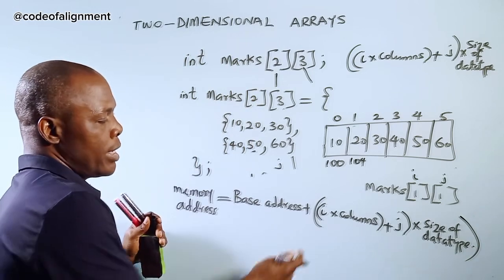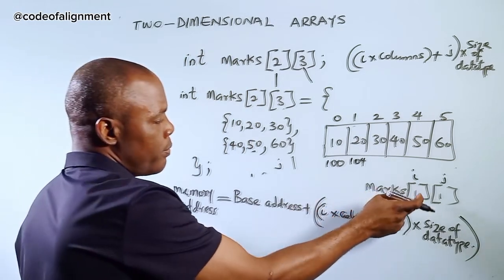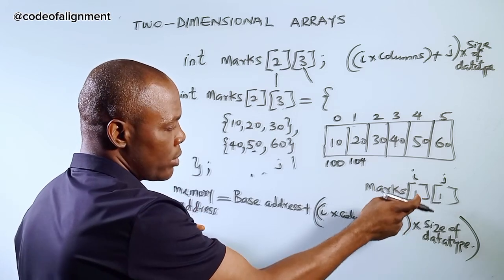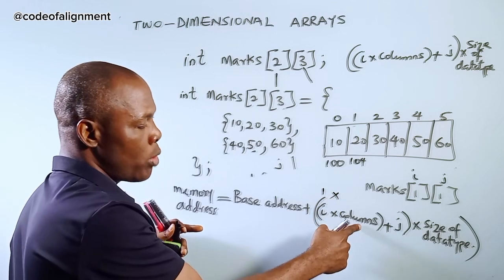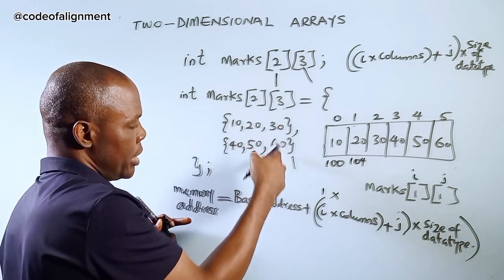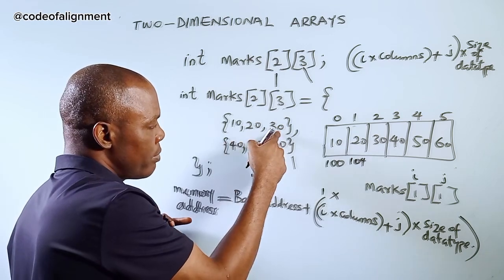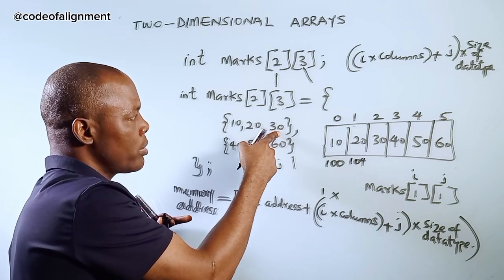So this is it. Now, if we are asked to find 1, 1, the row is what? 1. I is 1. Multiply by columns. So how many columns have we? 1, 2, 3. So we are going to pass the complete 3 columns, right?